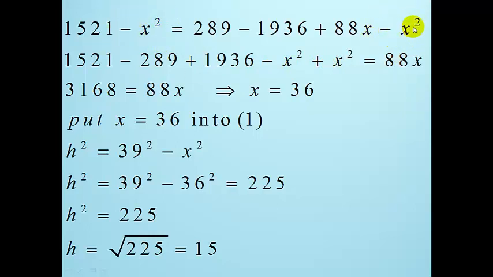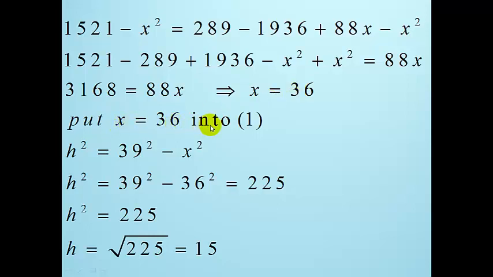Also, 289 becomes minus 289 and minus 1936 becomes plus 1936 on the left hand side. So we have 1521 minus 289 plus 1936 minus x squared plus x squared equals 88x. Now 1521 minus 289 plus 1936 equals 3168, so 3168 equals 88x. To find the value of x, we divide both sides of the equation by 88, and the value of x is equal to 36.